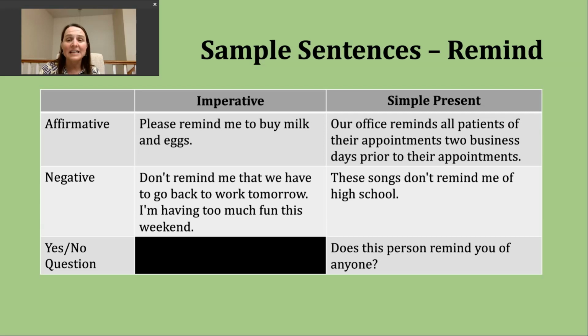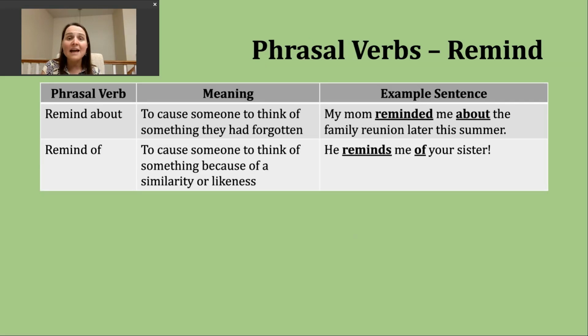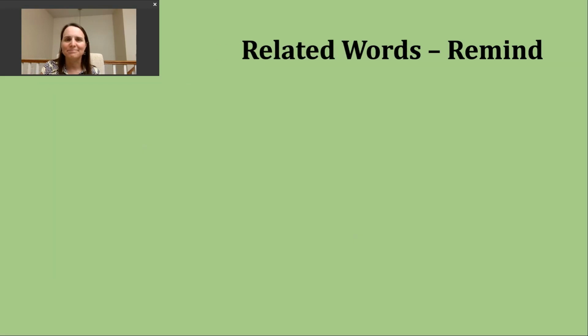We also had the doctor's office that reminds all patients. My question, does this person remind you, right? So very common with this verb. So we want to sort of know who is being caused to remember. You could also see that in these 2 phrasal verb examples. I used me again in those, but again, very, very common.